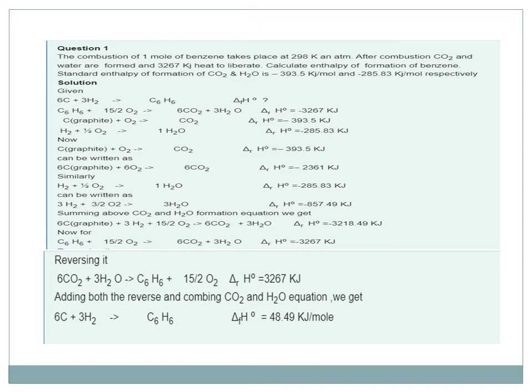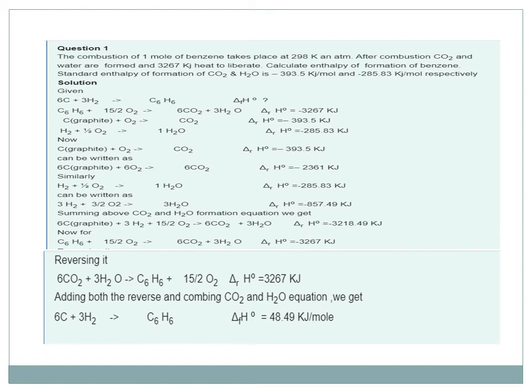Carbon in the form of graphite combined with O2 gives CO2. Upon balancing, it gives 6 carbon and 6 dioxygen giving 6 carbon dioxide. Similarly, H2 and half O2 give H2O. This can be written as thrice of H2 plus 3 by 2 O2 gives 3 water.